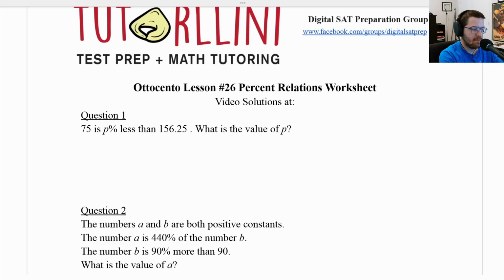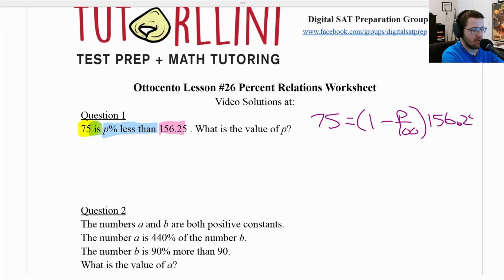Okay, question 1. This is just a warm-up. We did questions like this in the Ottocento number 1. I got 75 is means equals p% less than 156.25. So I can write 75 equals 1 minus p over 100 times 156.25.